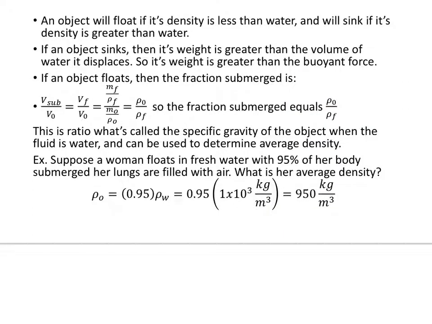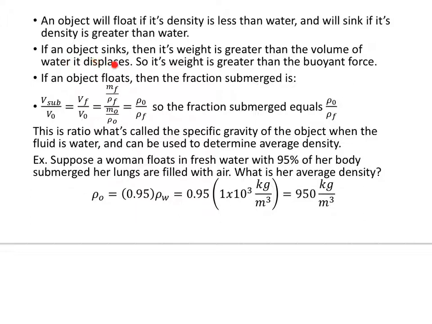Archimedes' principle is going to tell us whether an object is going to float or not. And if the object's density is less than water, it's going to float. If its density is greater than water, it's going to sink.